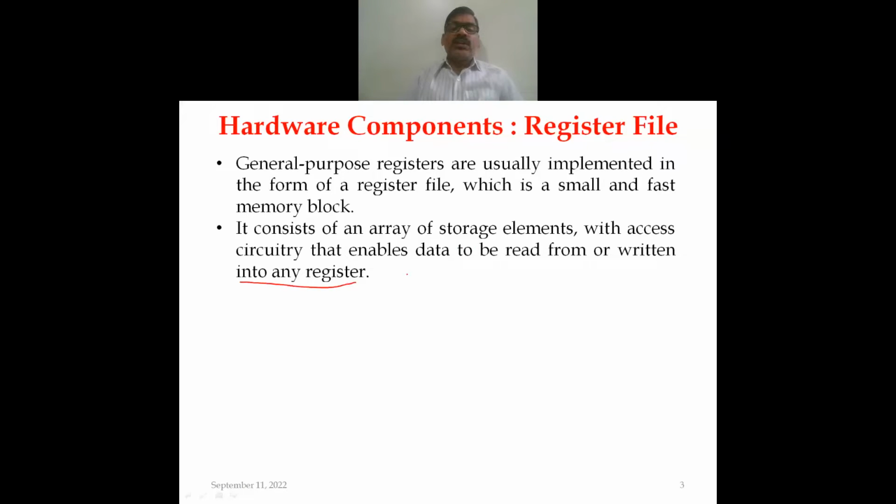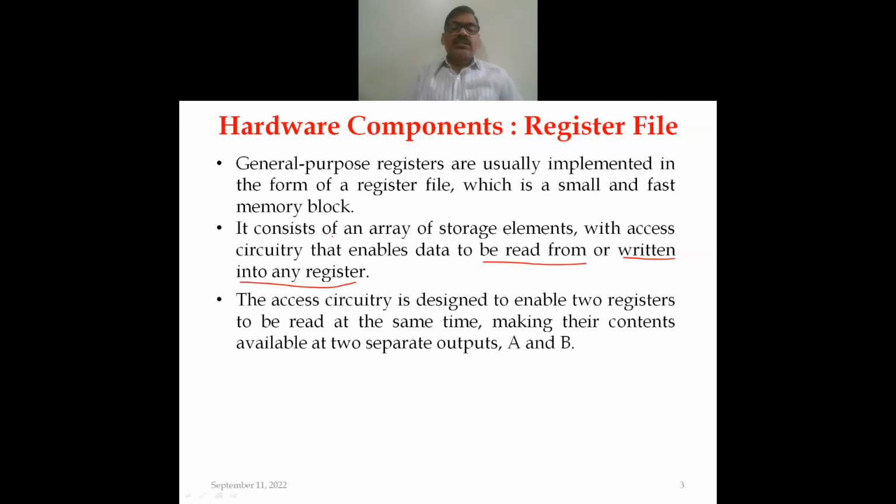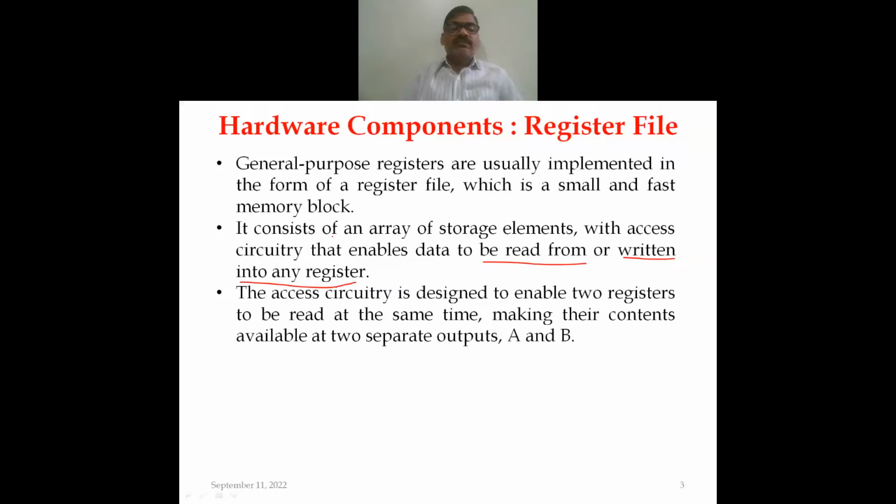So we have the facility to read data from a register and to write data into a register, with read and write capability in the electronic circuit that provides access to these storage elements.